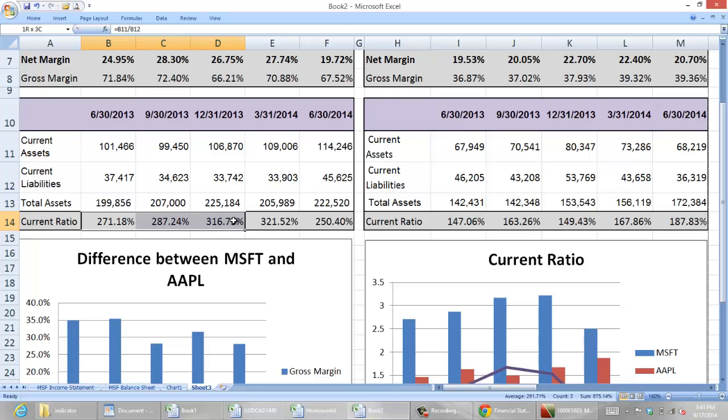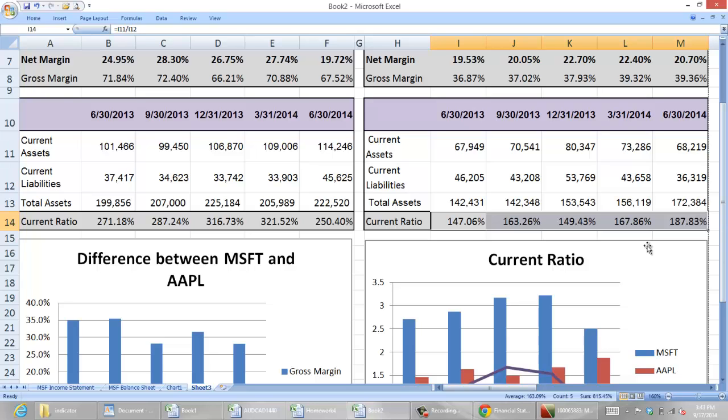And it is pretty large here. When it comes to Apple, it's 147%, 163, more or less 1.5 times, right? So it is very clear that the current ratio for Microsoft is higher than the current ratio for Apple.